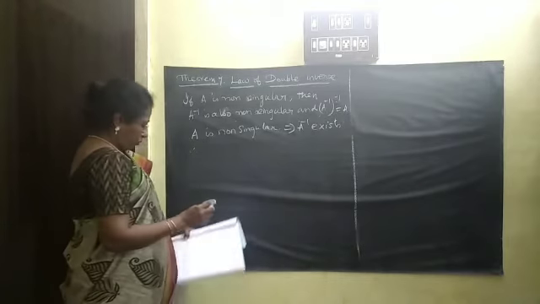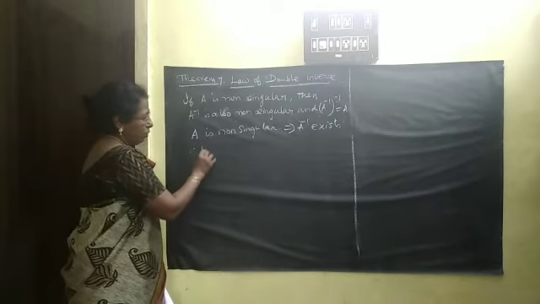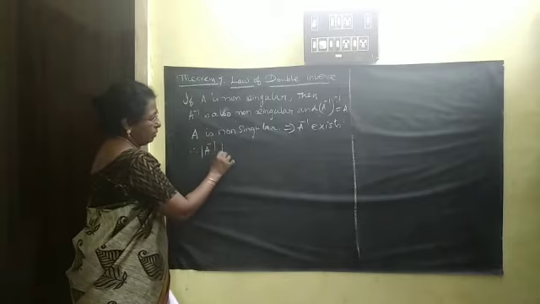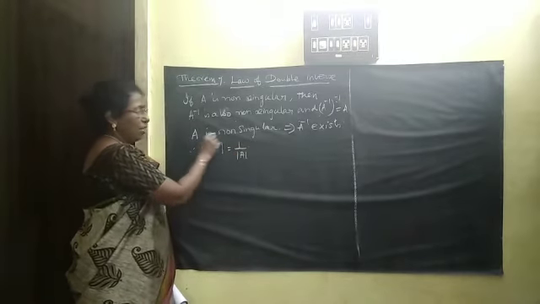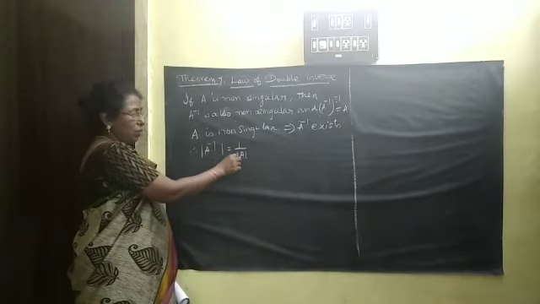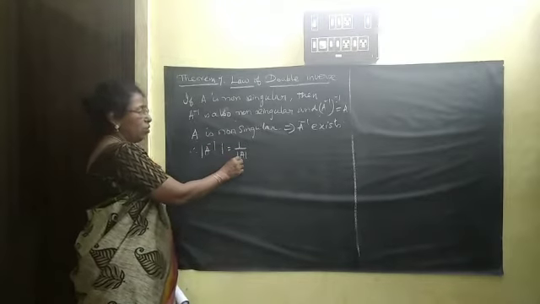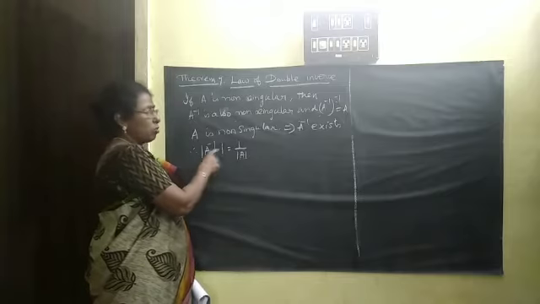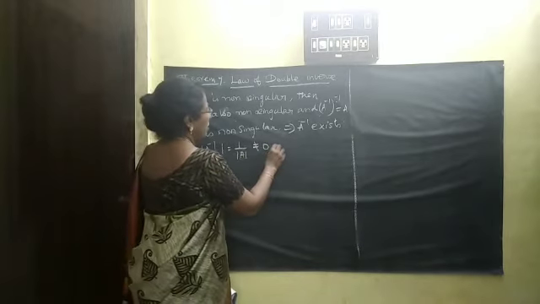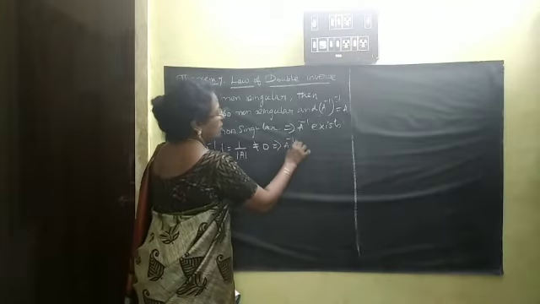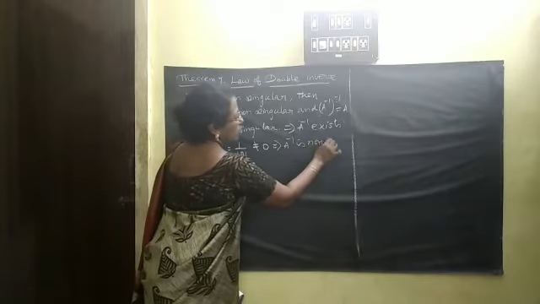Therefore, we are going to get determinant of A inverse is equal to 1 by determinant A. See, A is non-singular. Therefore, determinant A is not equal to 0. Therefore, determinant A inverse is also not equal to 0. Implies A inverse is non-singular.